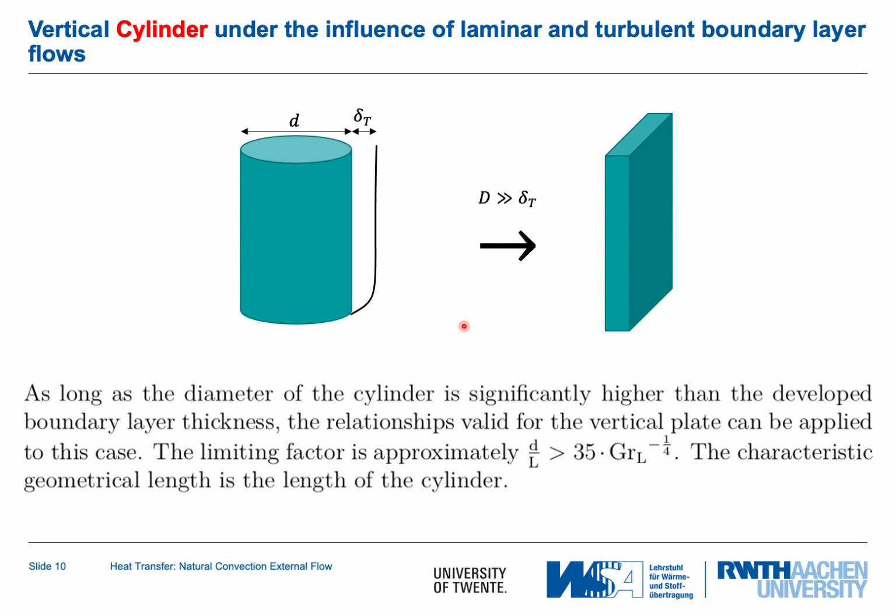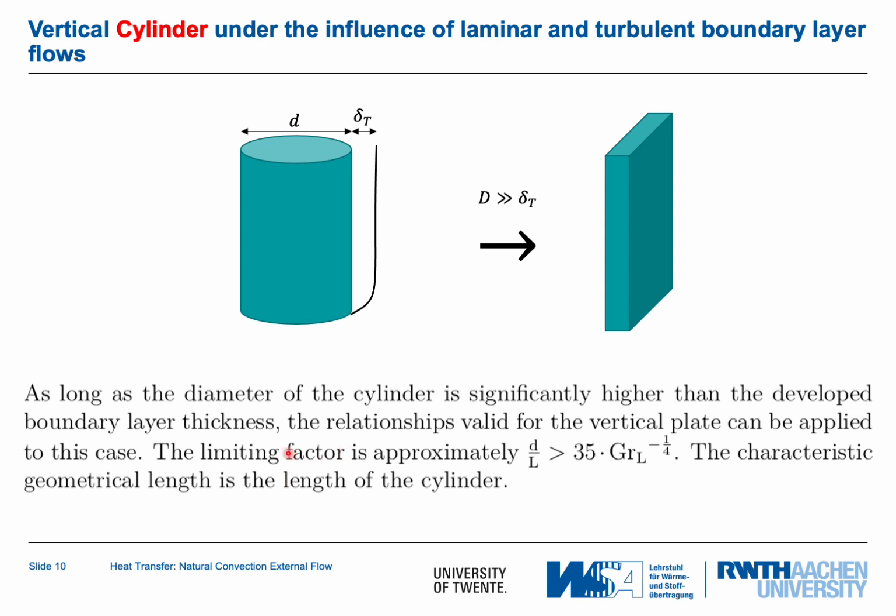Now suppose we want to look at more complex shapes. Suppose we want to look at a cylinder. I can imagine that a boundary layer will develop around the cylinder and that it will be circularly symmetric, and that if the cylinder is very large, if the diameter is very large, then this will behave essentially the same as a flat plate. So when the diameter is much larger than the thickness of the boundary layer, we can approximate the relation for the Nusselt number by the behavior for the case of a flat plate.